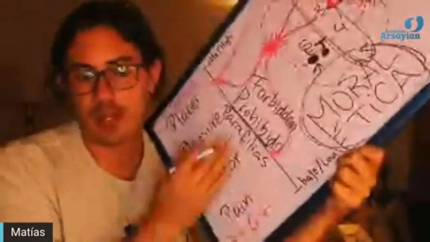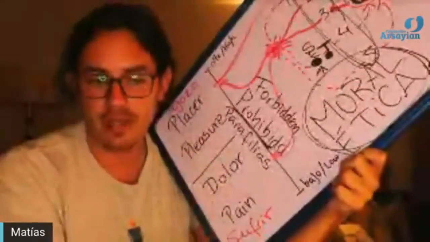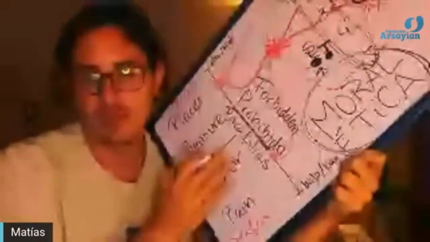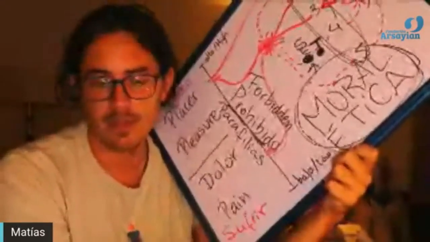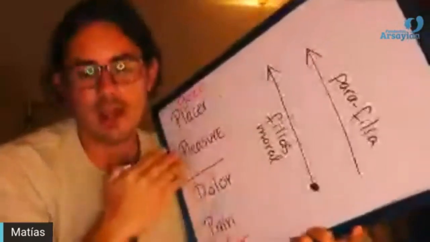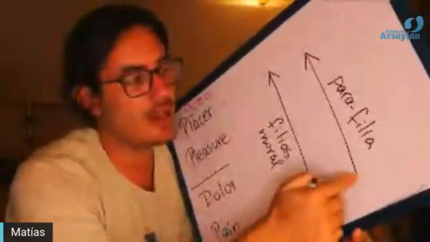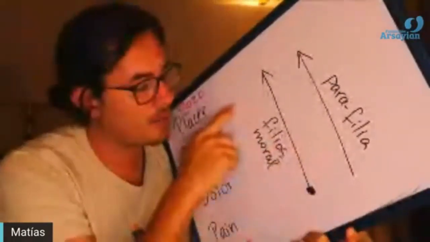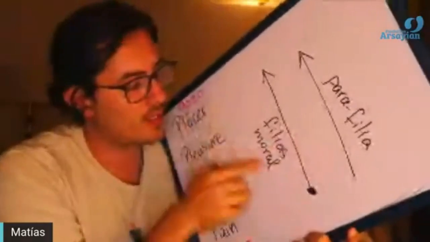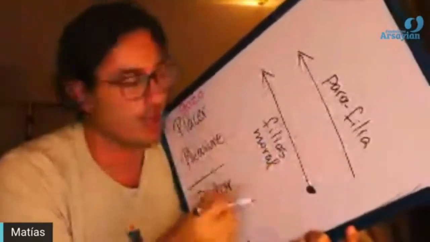This is why in the unconscious, many of those pleasures and pains become paraphilia. I don't know, in English it's the same, I guess, paraphilia. So what is a paraphilia? A paraphilia is like another path to take, in which philia means the love, to love something.